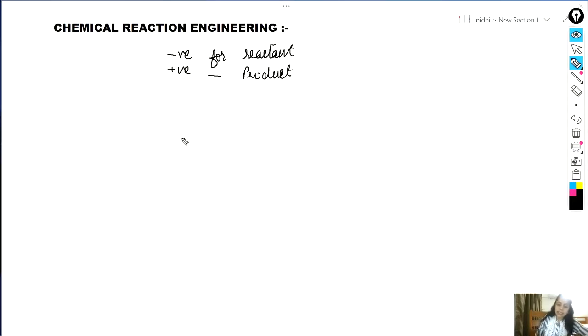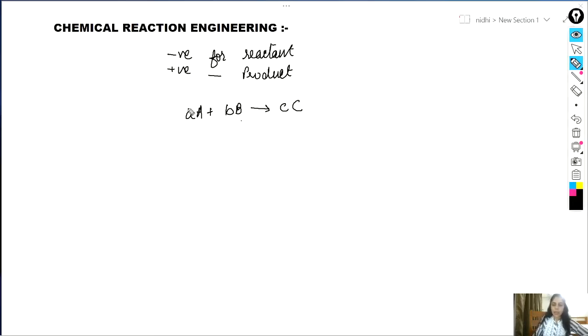Okay, now let's consider any irreversible reaction. Let's consider A plus B, which gives you C, right? So according to this reaction, what is happening over here? A and B are the reactants which are disappearing as the reaction takes place, and C is being produced.